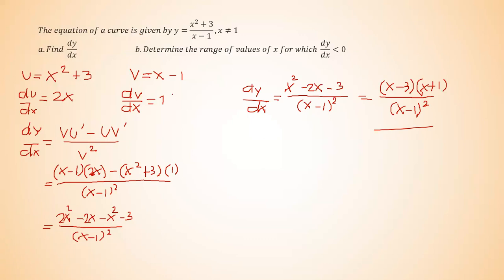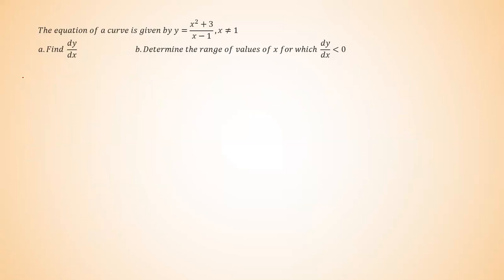Now we're going to find the range of values with dy/dx less than 0. I'm going to move to the next page and recall that dy/dx equals (x minus 3) times (x plus 1) over (x minus 1) squared.